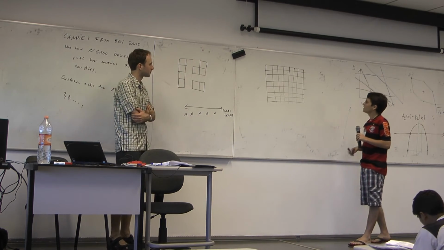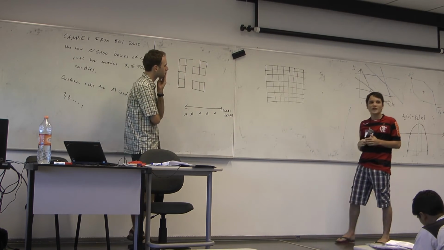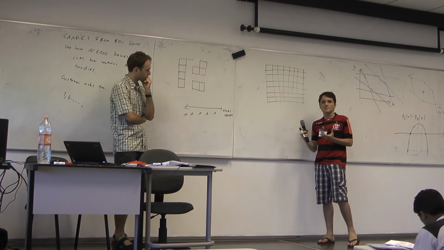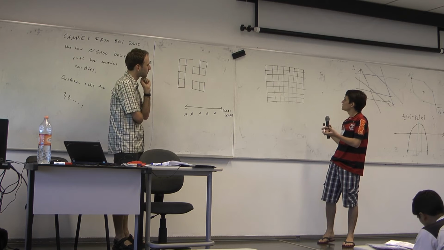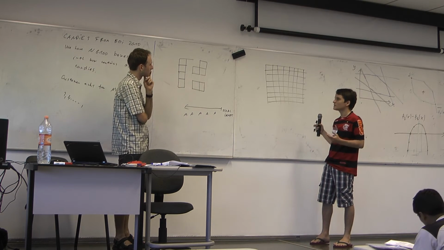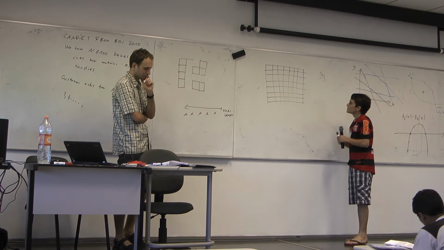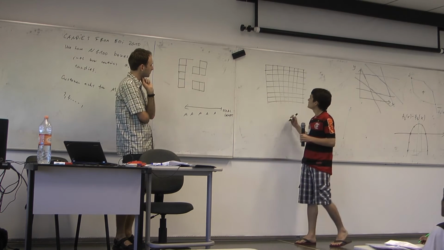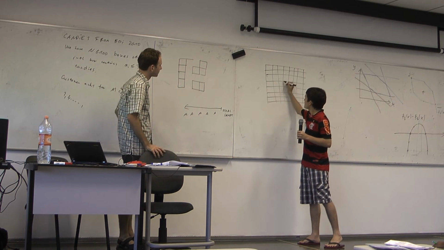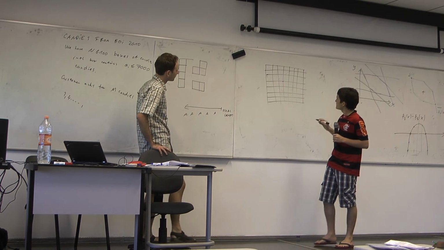Okay, so I think the first question one has to ask to solve this problem is how can I see if two vertices are in different components, right? In order to do that, what I first noticed is, suppose I have some vertex here.